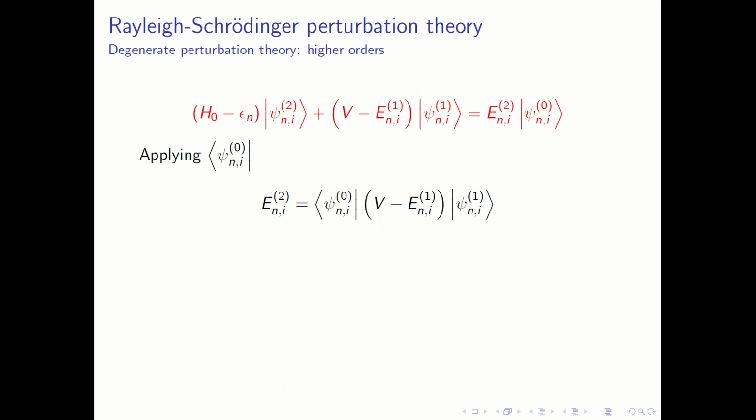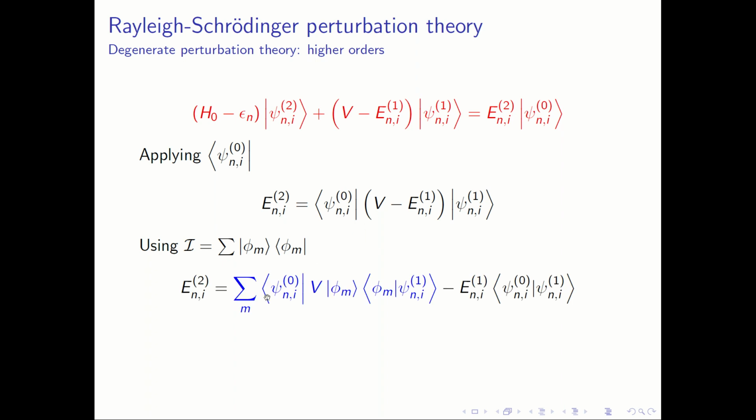But on the other hand, E2 ni is the second order energy correction, and this is what we want to find out here. In order to see this further, we use the fact that the phi m's form a complete eigenstate set and just insert this form of the identity right here between V and psi 1 ni.